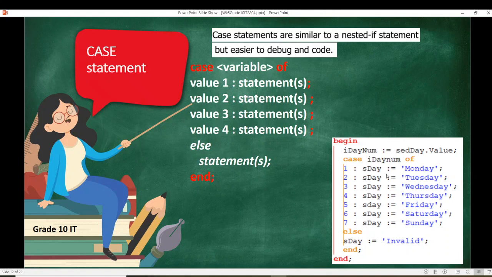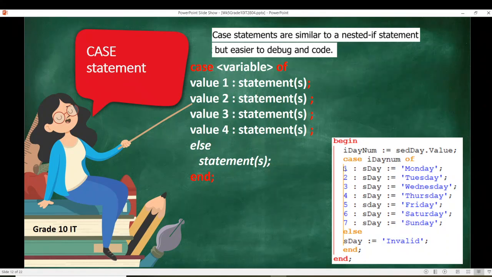So the only thing that this case statement does, and there is a Delphi function that does it for us, is return the name of a day dependent on what number we send. Okay, but this is just to show you how this could work. So I read in a number from my spin edit into iDayNum, and then I go case iDayNum of 1 colon sDay gets the value of Monday, 2 colon sDay gets the value of Tuesday.